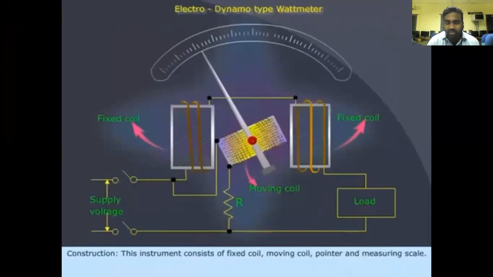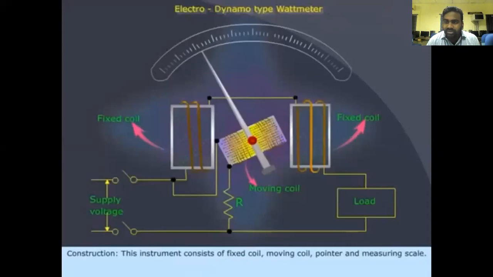This is analyzed in the form of a line diagram, in which we can see each part's working with respect to the line currents, the load current, and the functioning of the resistor connected to the moving coil.